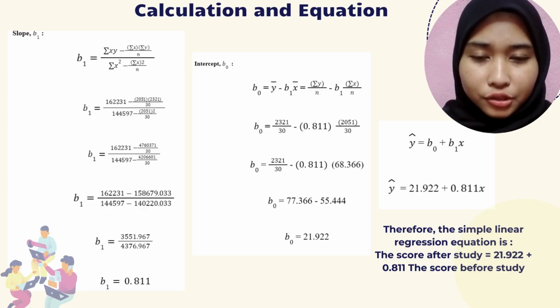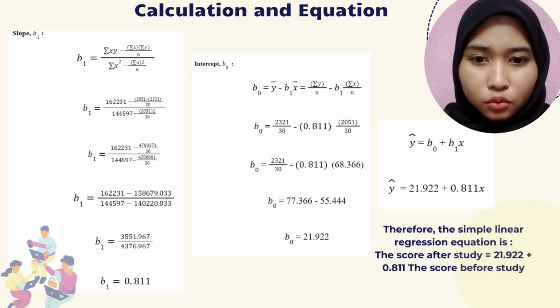Calculation and equation. For B1, here is the formula and calculation. The answer for B1 is 0.811. For B0, the answer is 1.922.